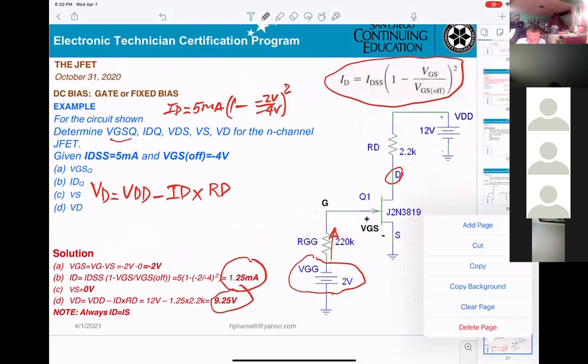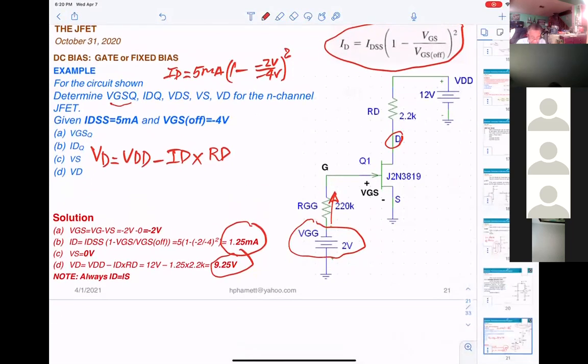At the very bottom, it says always. That's like the formula. The current ID here and the current IS here are the same all the time, even though VS is equal to 0? That doesn't matter.